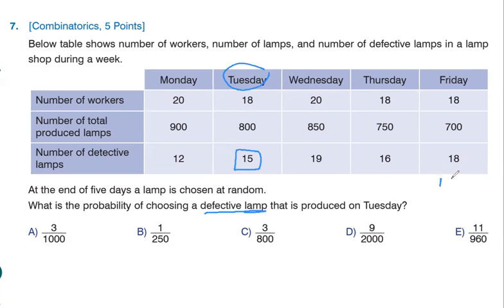So that is 15. But we'd like to know out of what, right? Which is the total number of lamps. So we have 900 on Monday, 800 on Tuesday, 850 on Wednesday, and 750 and 700. I can use a calculator, which is okay. But if I add these two, the average is 800, so that will be 1600.